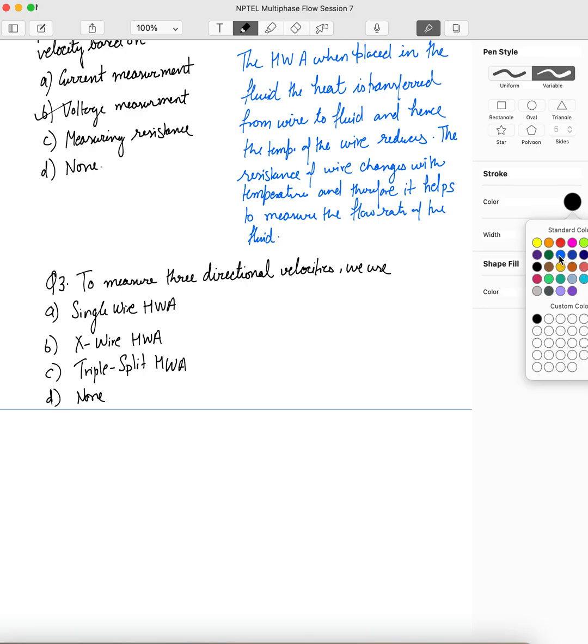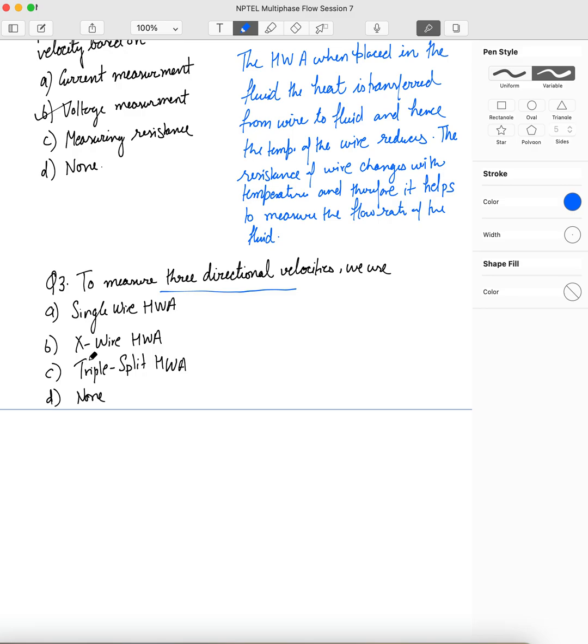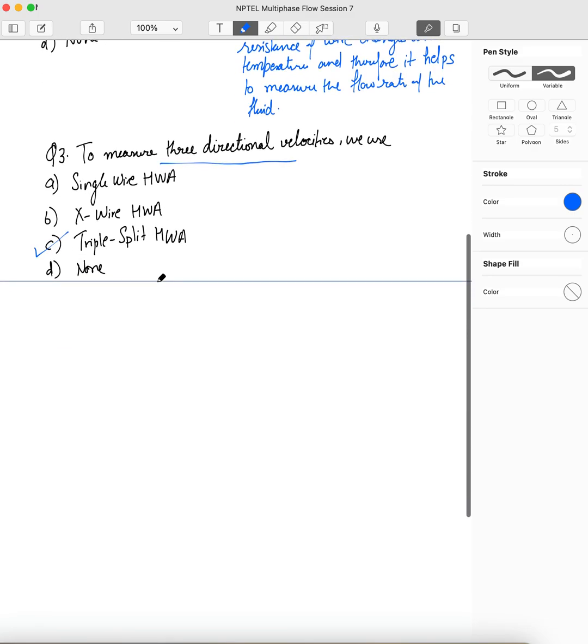The answer is simple. Because we need to calculate three directional velocity, it is better to use the triple split hot wire anemometer. Okay.